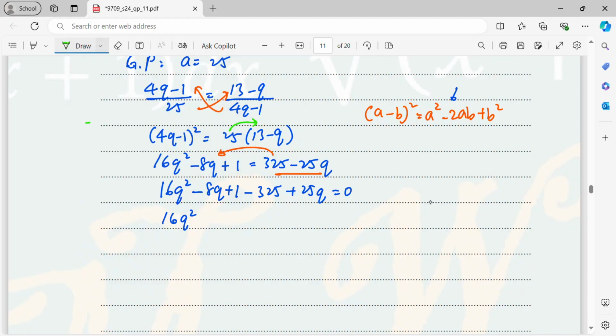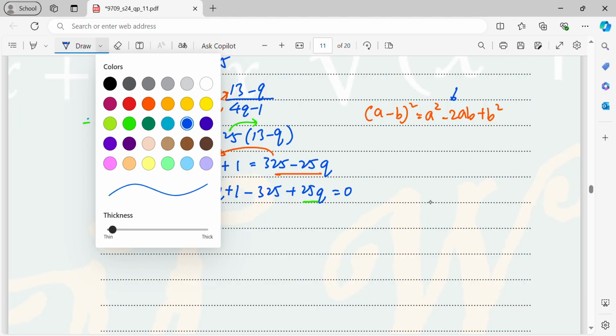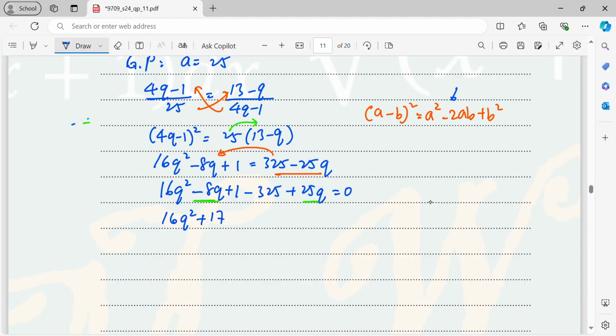Now minus 8q plus 25q, that is plus 17q. Plus 1 minus 325, that is minus 324, equals 0. This is a quadratic equation.